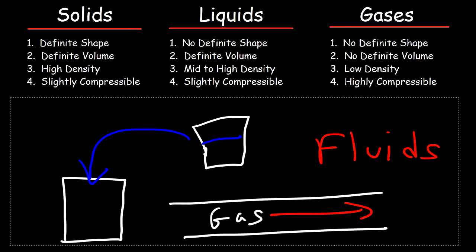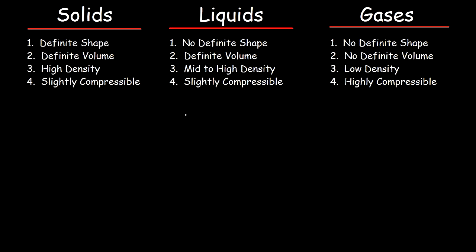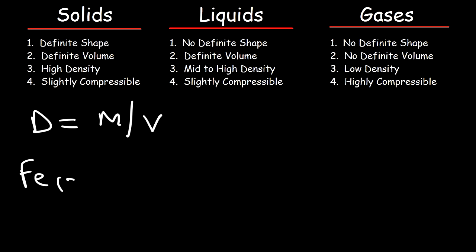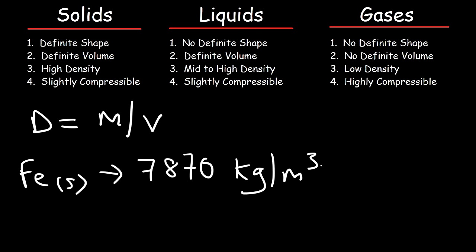Now let's talk about density. Density is equal to the mass divided by the volume. Solids have a very high density. For example, the density of iron metal is 7,870 kilograms per cubic meter. Kilograms is a unit of mass.